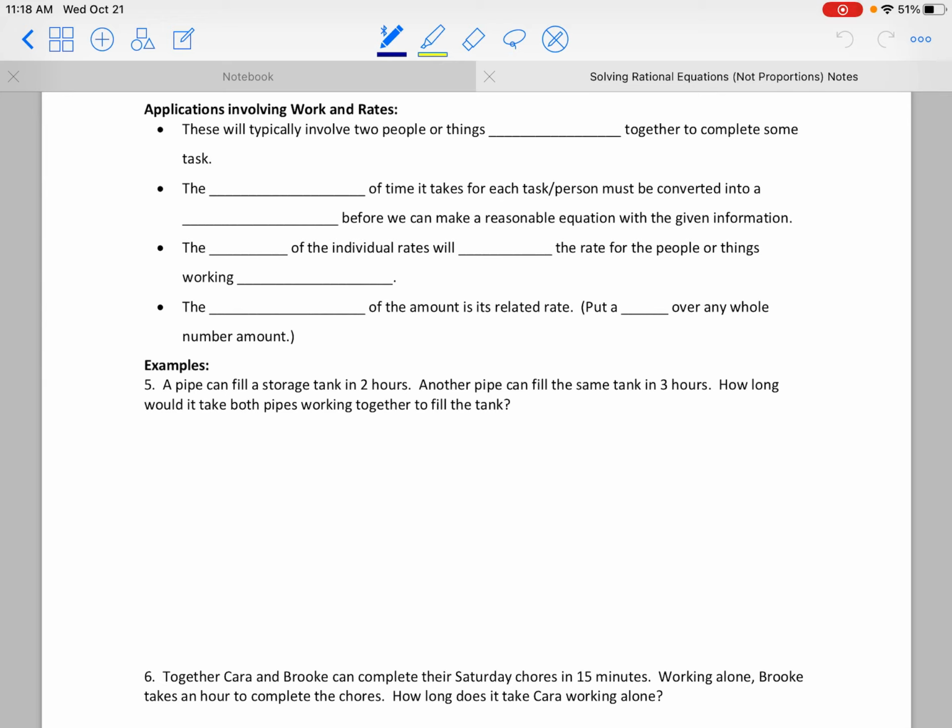So they typically involve 2 people or things working together to complete a task. Okay? And what happens is the amount of time that each person or each thing takes to complete a task is going to have to be converted into a rate for it to make sense in an equation format with our given information. And you're going to see that in just a second.